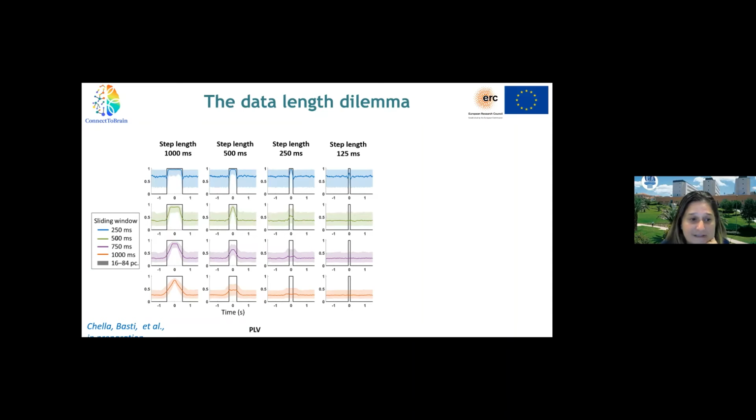So for instance, let's imagine that we have the opportunity to look at our connectivity through a 500 millisecond window, which is the green row. Then we will be able to nicely represent the connectivity lasting 1 second and also the connectivity lasting 500 milliseconds, still with some reasonable result.